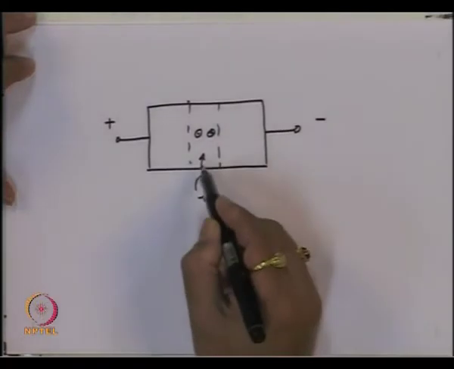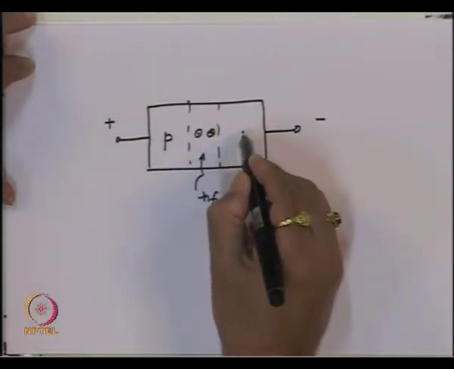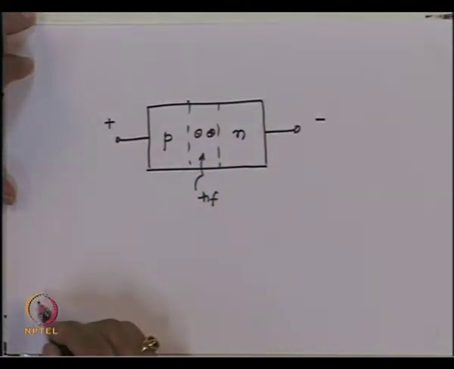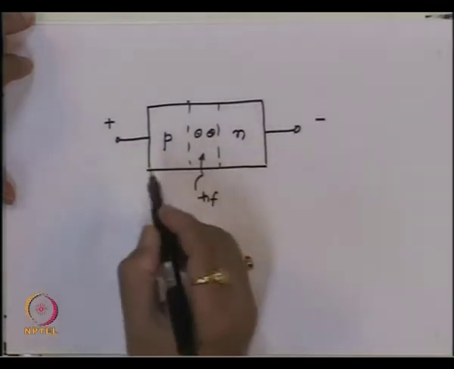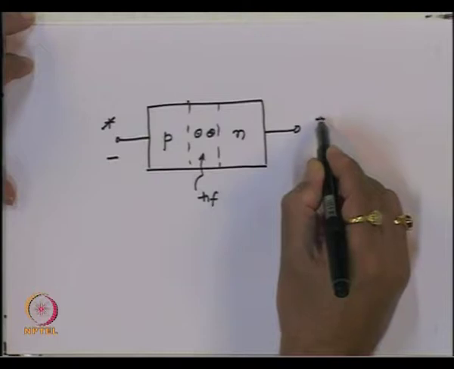Now, schematically we have shown a PN junction here, let us say this is P and this is N, and we want to make it reverse bias. So, this should be negative and this should be positive.